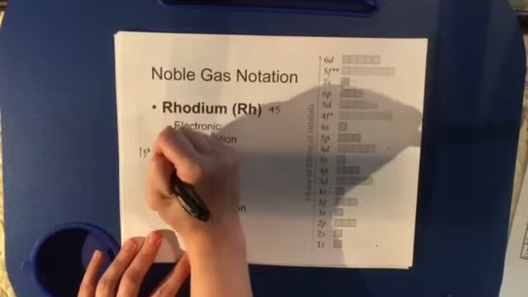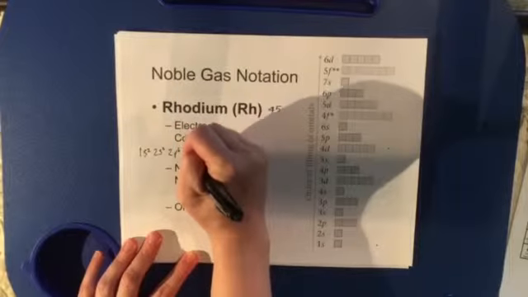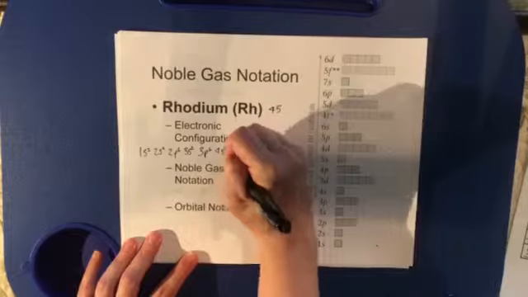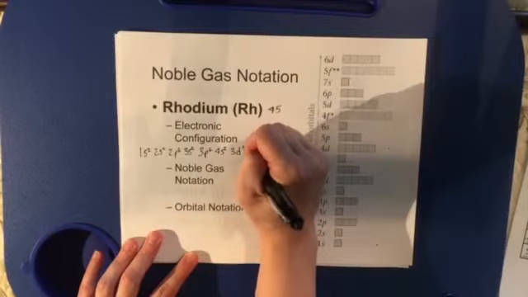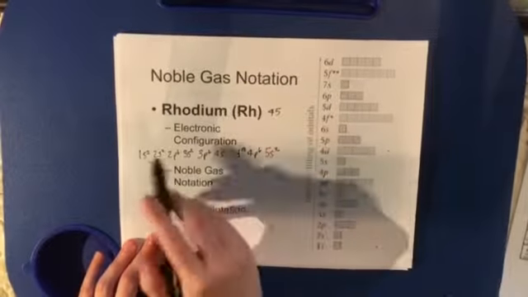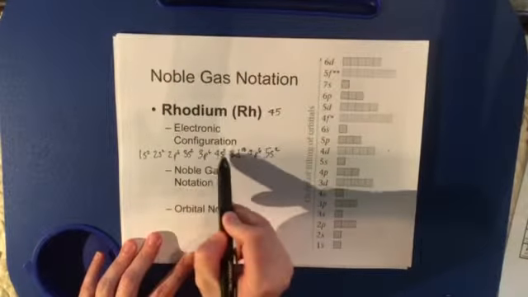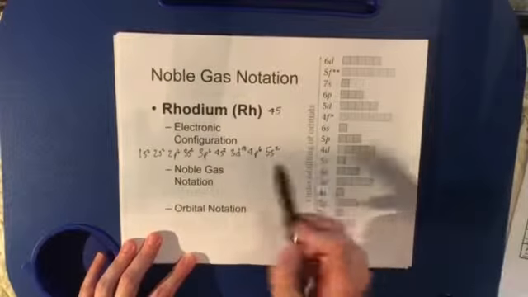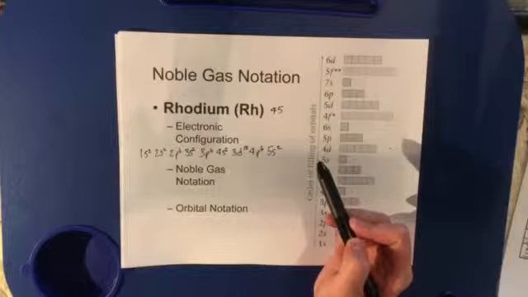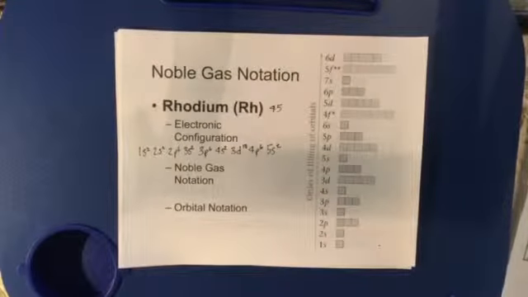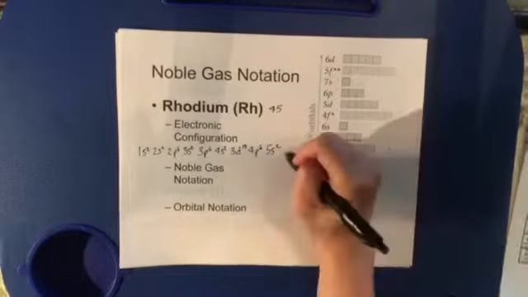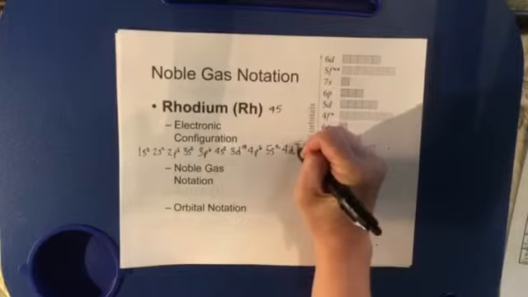We get 1s2, 2s2, 2p6, 3s2, 3p6, 4s2, 3d10, 4p6, 5s2, and that gets us 2, 4, 10, 12, 18, 20, 36, 38. And so we've got 7 left. 1, 2, 3, 4, 5, 6, 7. And so the next one after 5s is 4d. And so we do 4d7.